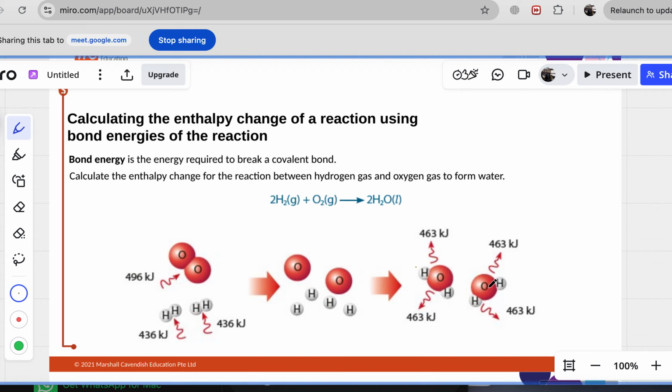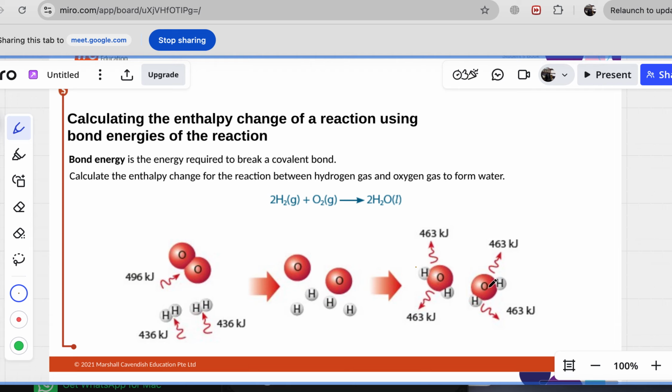This is the water molecule, if you show it in bond form. And there are 2 of it, so multiply by 2, 4 OH. So you look for OH, the value, and multiply it by 4. That's how they got this 4. 4 times 463 you get 1,852. This is the energy out, or energy in making new bond.